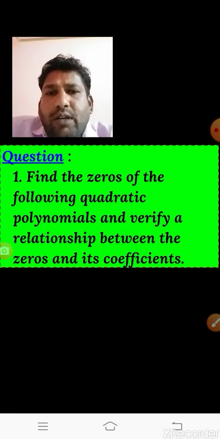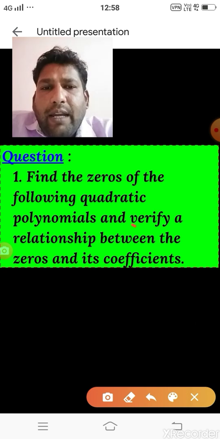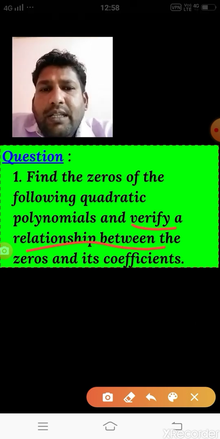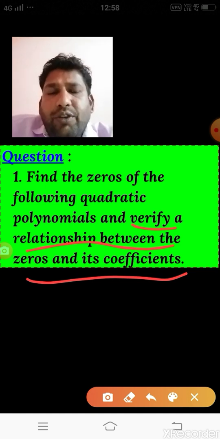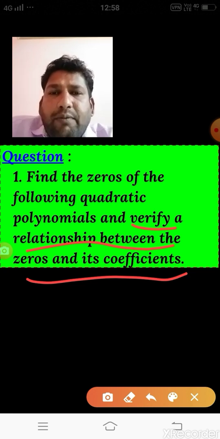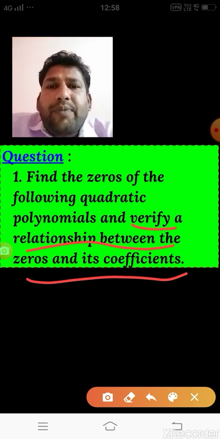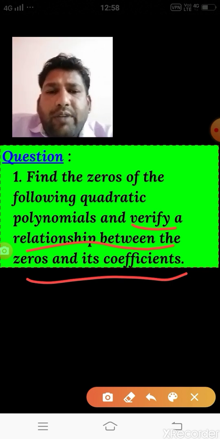In the first question, we have to find the zeros of the quadratic polynomial, and then verify the relationship between the zeros and its coefficients. This you have to remember, because 1 mark you are getting for finding the correct zeros of the polynomial, then 2 marks we are getting for verification.